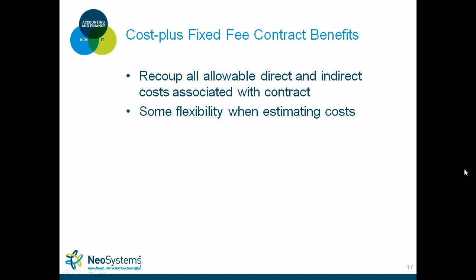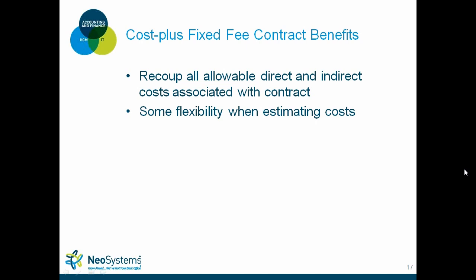There are some benefits to cost plus work. One is that it really gets you on the DCAA map. That can be a benefit, and it can actually be a disadvantage for a company as well. But it gives you almost like an ace in your pocket saying, hey, I've been reviewed by DCAA, I've gone through a system audit, and DCAA found my company adequate to bill the government.